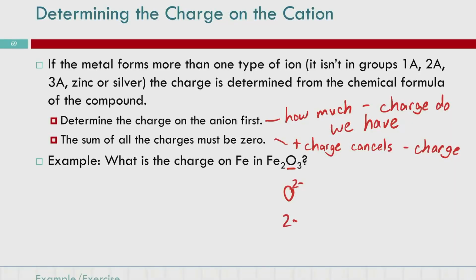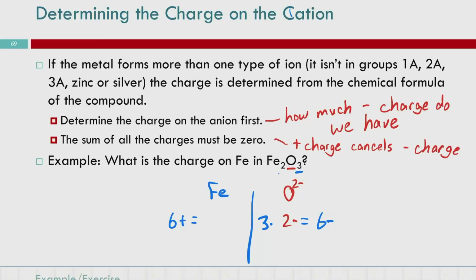So it's got a 2 negative charge, and how many of those do we have? How many oxygens? 3 oxygens, right? So we've got a total of a 6 negative charge. And our iron, whatever it is, has to equal a 6 positive charge. So our 2 irons have to have a total of a 6 positive charge to balance out the 6 negative charge.